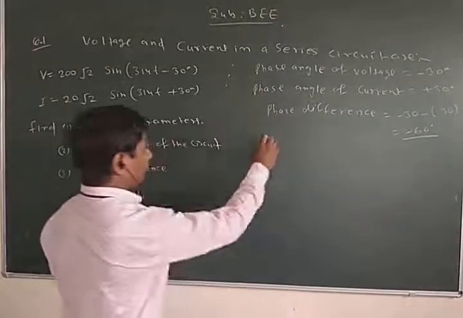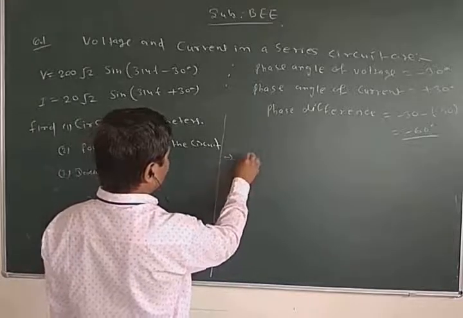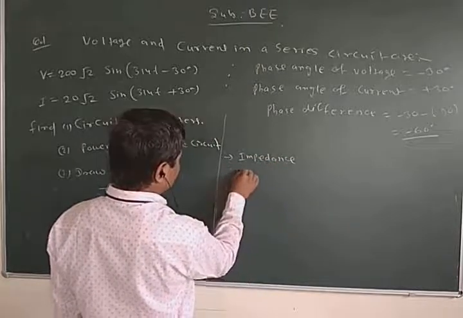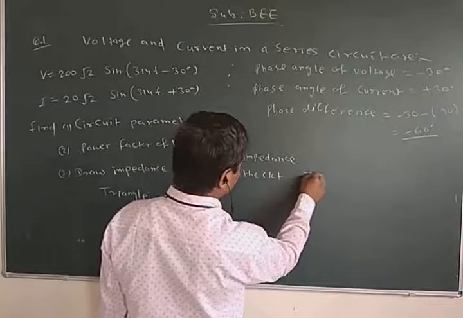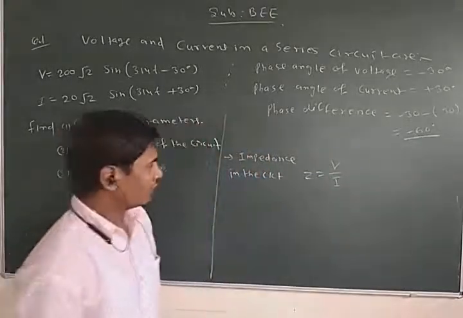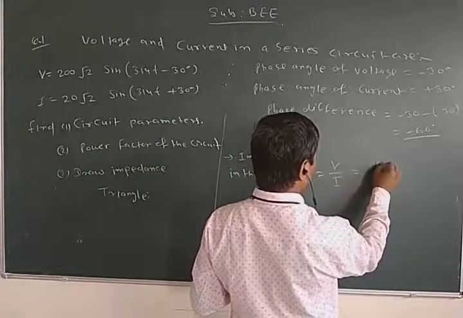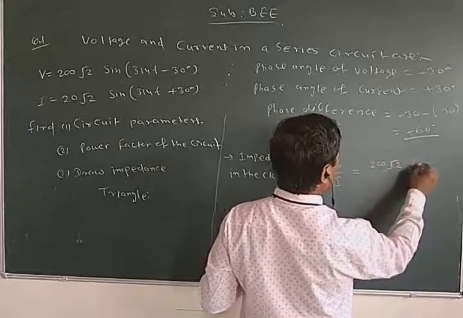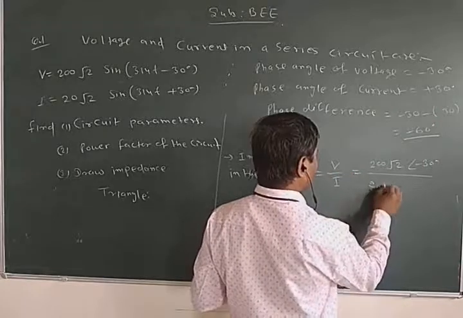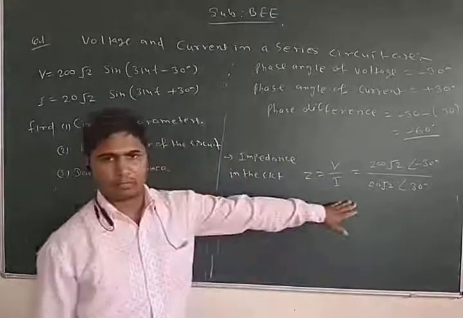Now the impedance in the circuit, Z is equal to V upon I. So we can write V is equal to 200 root 2 by angle minus 30 degree and I is equal to 20 root 2 by angle plus 30 degree in polar form.